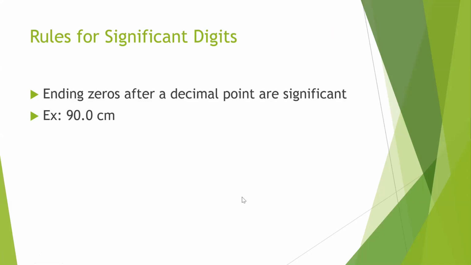Yep. So we basically use the last rule: ending zeros after a decimal point are significant. So this 0 is significant, and we know 9 is always significant. And then on the last page, any zero between 2 significant digits is significant. So this 0 is also significant. So we have a total of 3 significant digits.